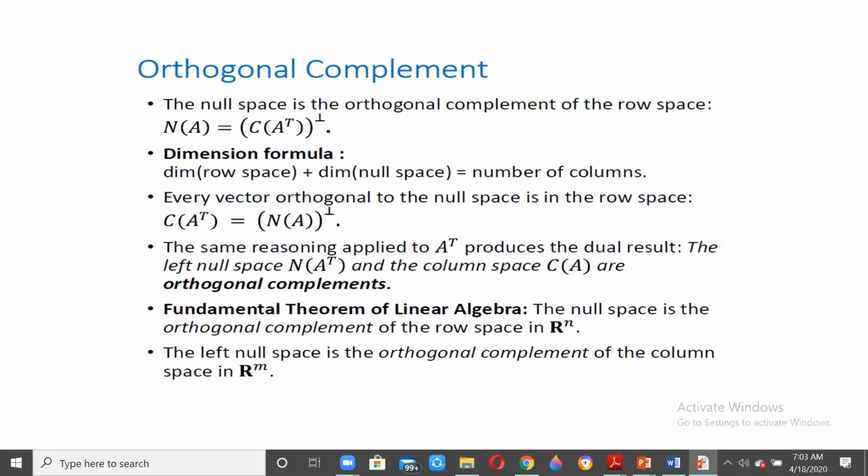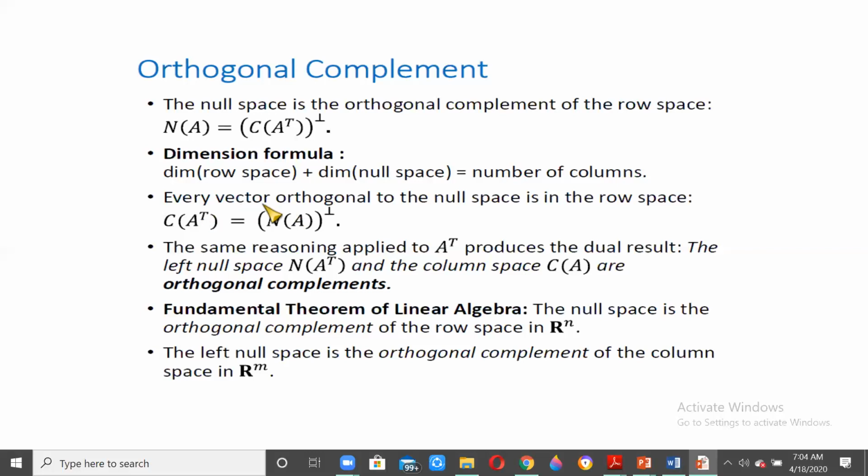The dimension of the null space is n minus r, and the dimension of the row space is r. If you add both of them, that becomes n. So the dimension of the row space plus the dimension of the null space is equal to the number of columns.